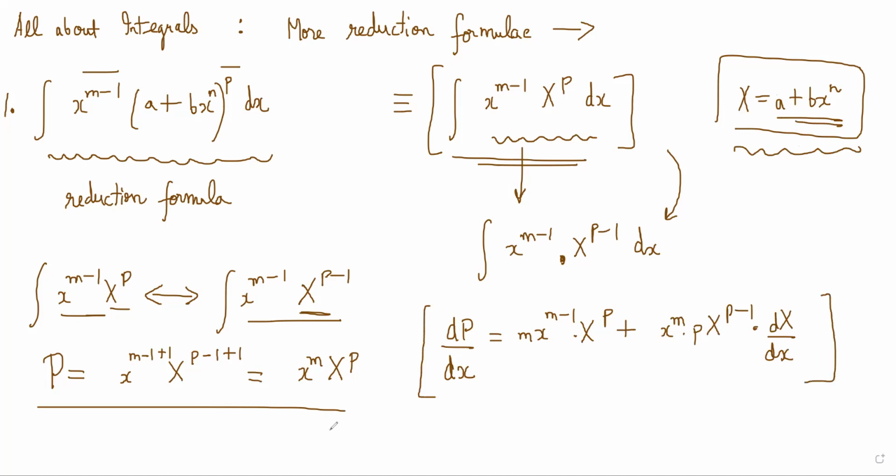Now I will simplify this further. So you have dP by dx is equal to, just writing this in a simplified manner, m x power m minus 1 capital X power p plus x power m p capital X power p minus 1 and d capital X by dx.